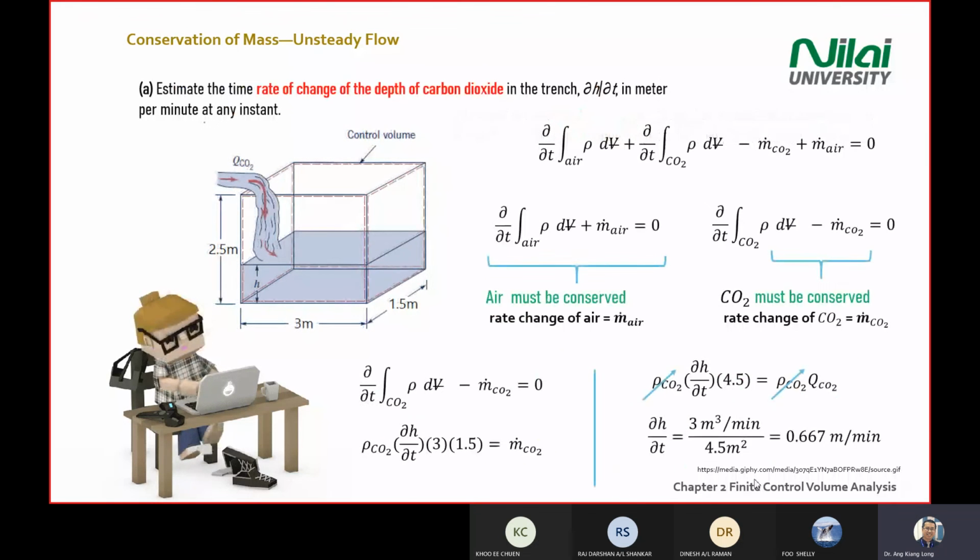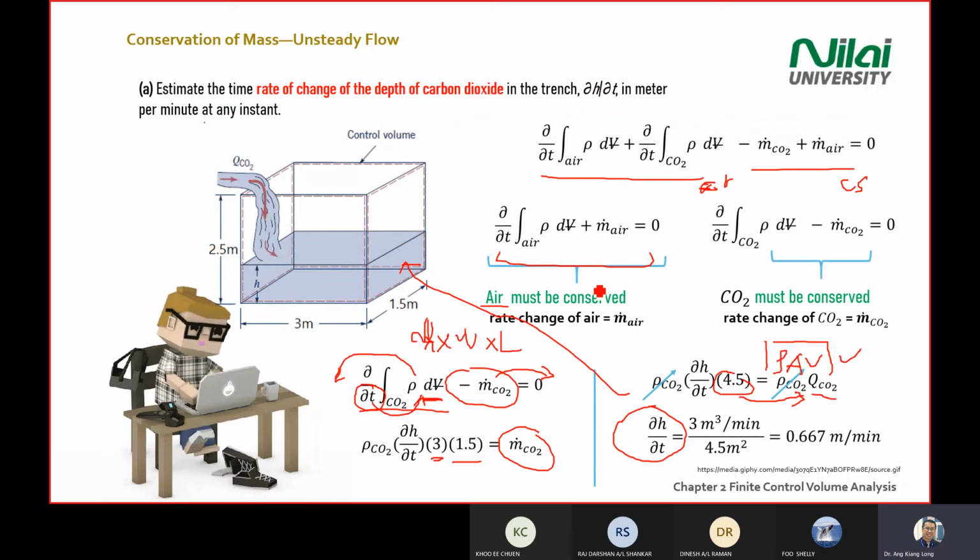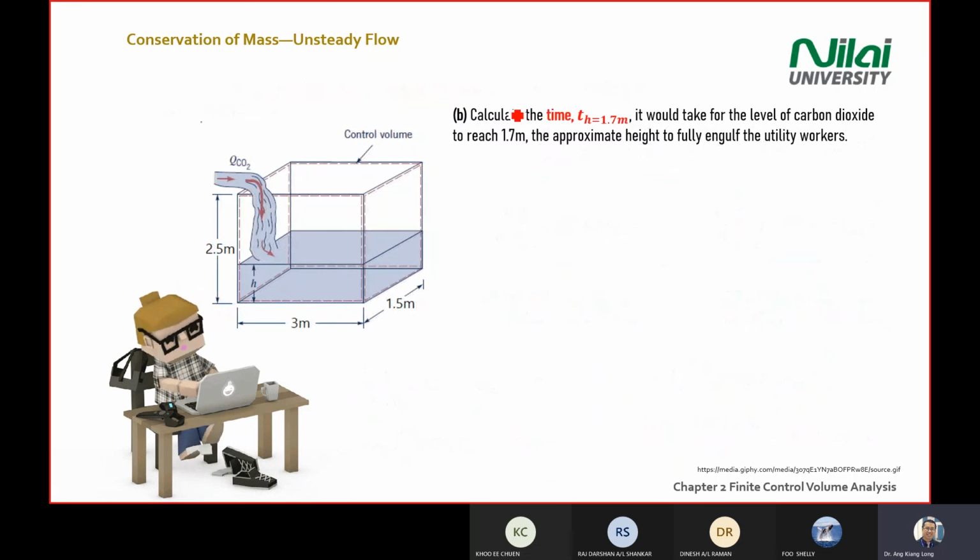Next, once you have the change of height, the rate of change of depth of carbon dioxide is already found, 0.667. Next, we look at the time to fill, what is the time to reach your H equal to 1.7.